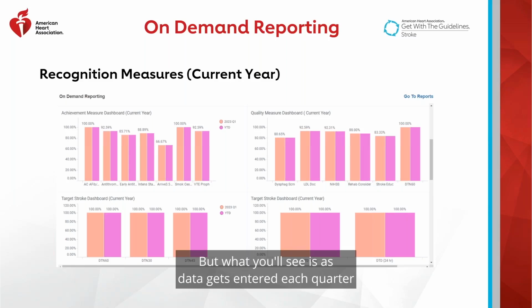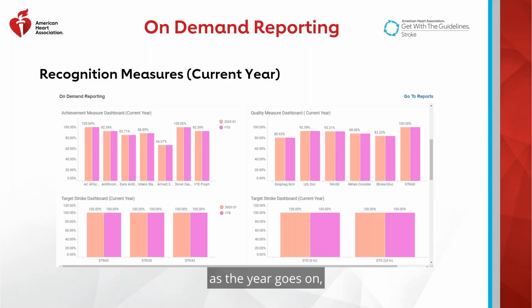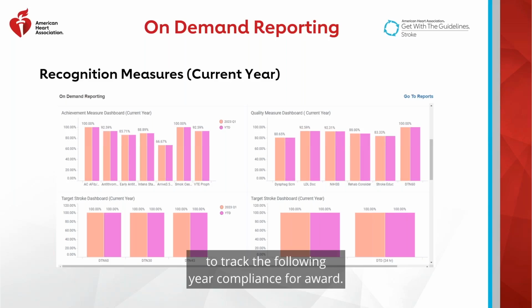But what you'll see is as data gets entered each quarter as the year goes on, there will be a bar graph for each quarter plus the cumulative year to date. So that's always going to be your best opportunity to track the following year compliance for award.